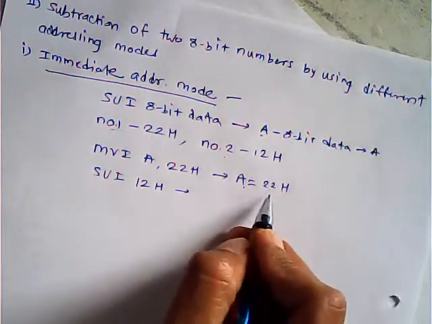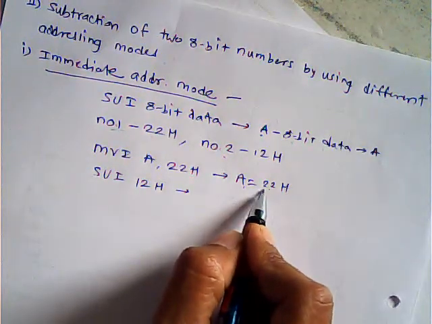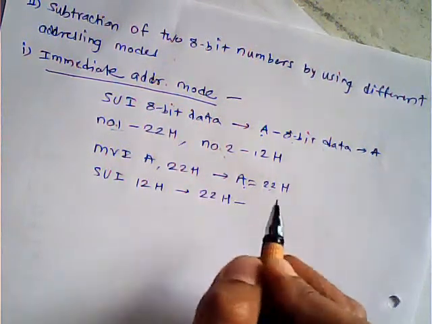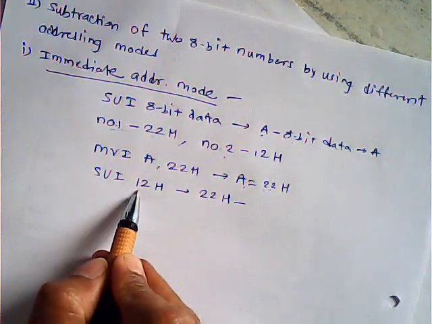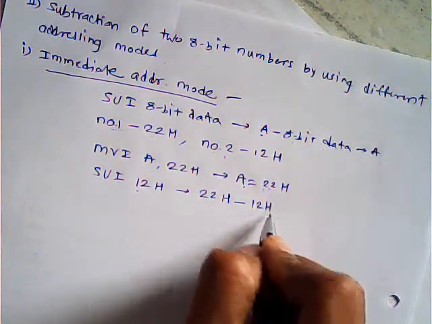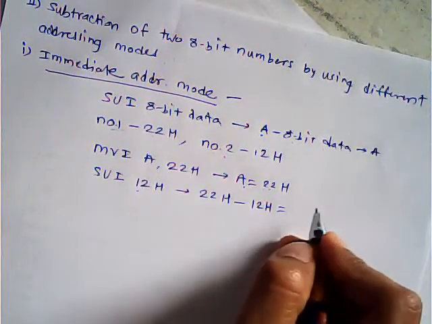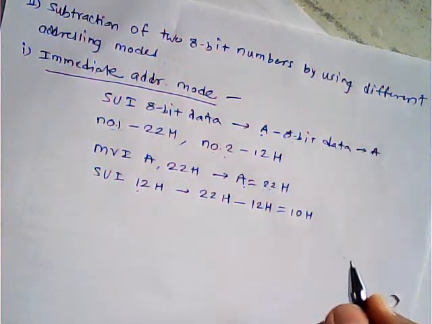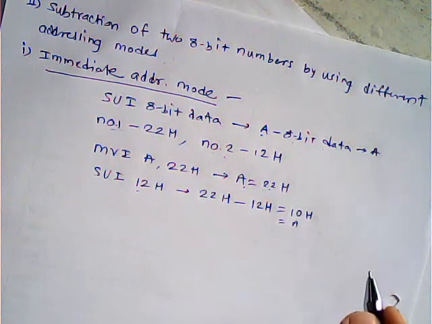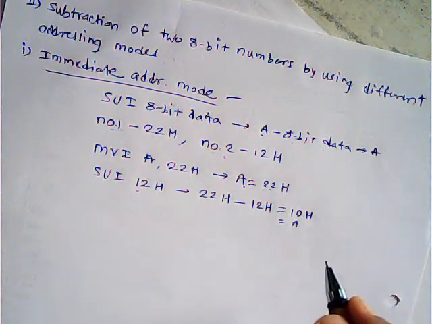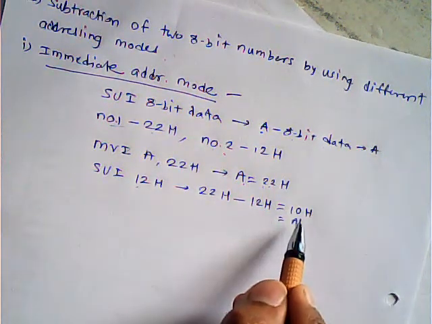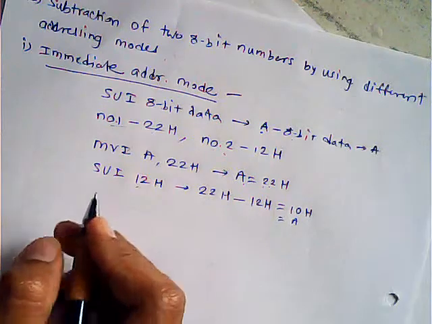In the accumulator we have already taken 22x. So 22x minus 8-bit data, that is 12x, and the result 10x you will get in the accumulator. Suppose somebody wants to copy this result 10x in another register.